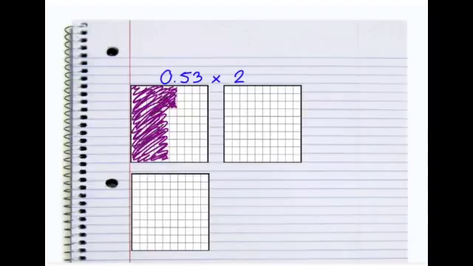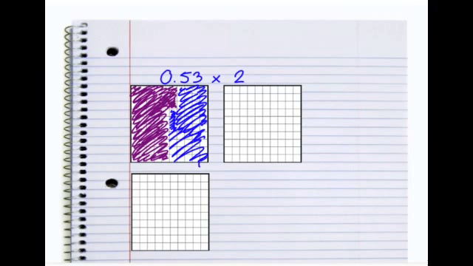So first I have 53 hundredths, but I need 2 sets of 53 hundredths. So I need a whole other set of 1, 2, 3. Well, I guess I have to finish by shading this whole. If I used 53 hundredths in my purple color, how many hundredths are left in the blue?